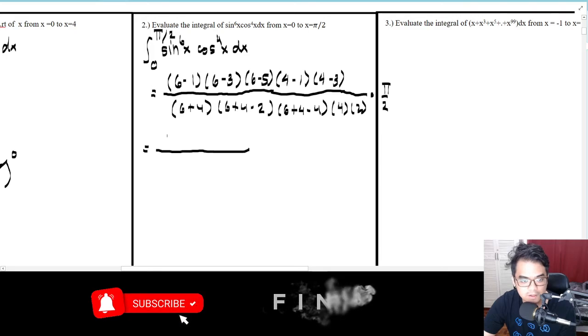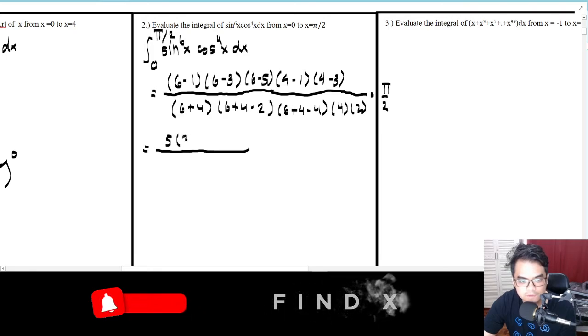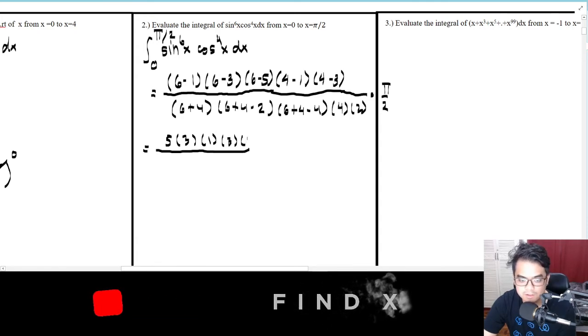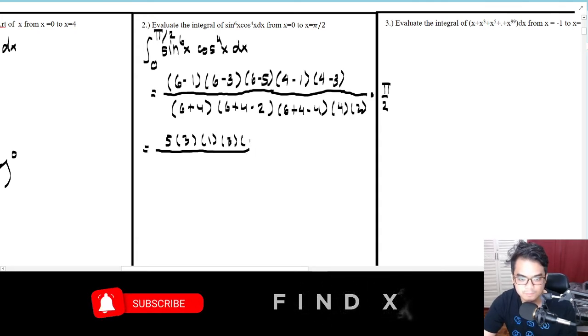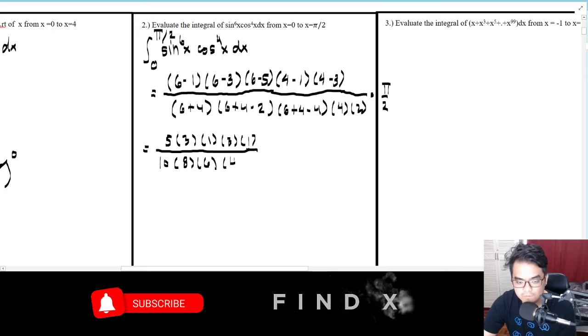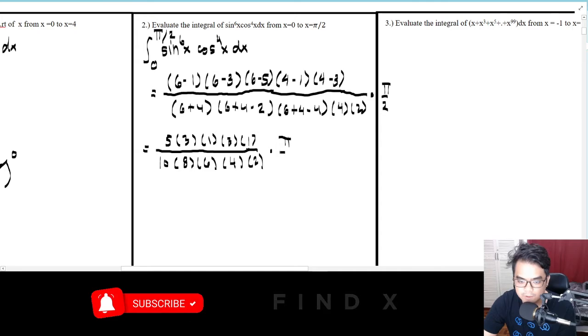You'll have 5 times 3 times 1, for the power of sine, and the next one will have 4 minus 1, so that's 3 times 1. For the denominator, you'll have 10, and then minus 2, so 8, 6, 4, and then 2, multiplied by pi over 2.